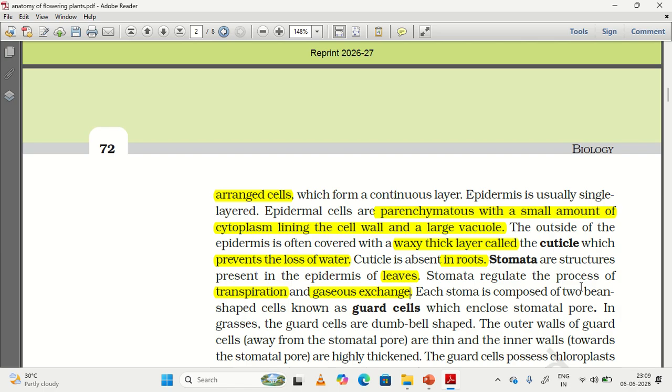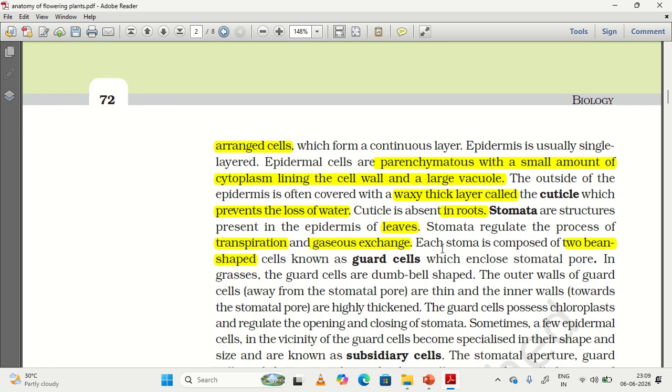Each stomata is composed of two bean-shaped cells known as guard cells. These are dumbbell shaped in the monocots, bean shaped in the dicots, with a small stomatal pore.